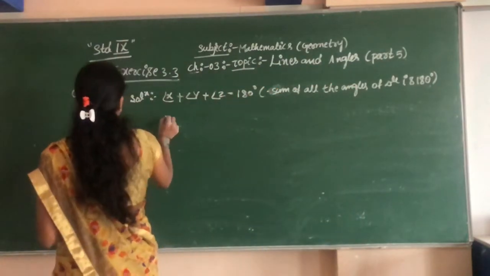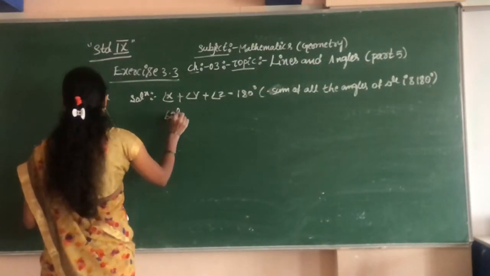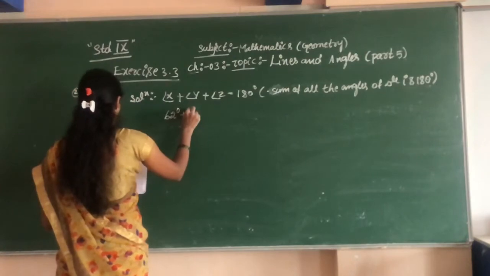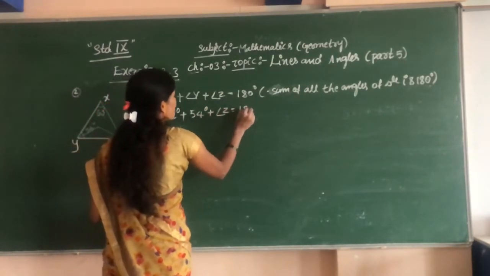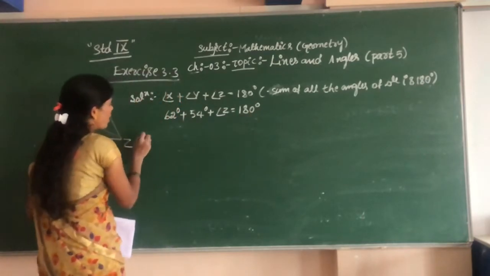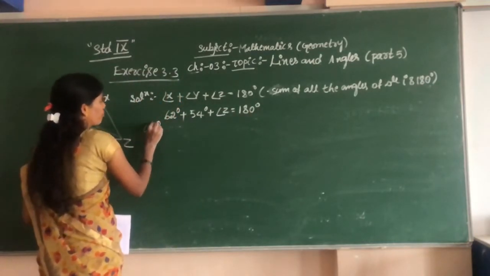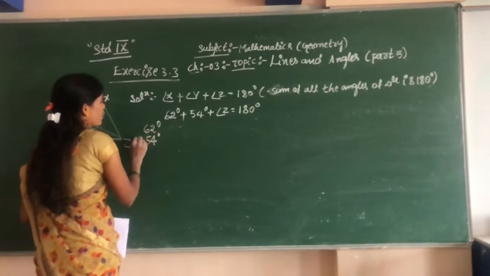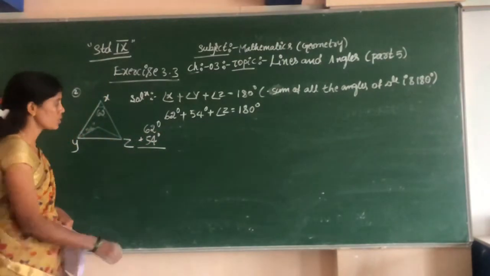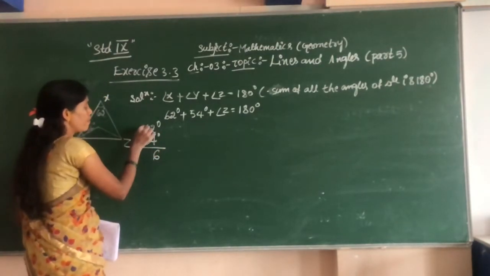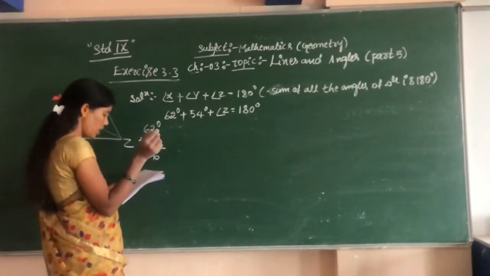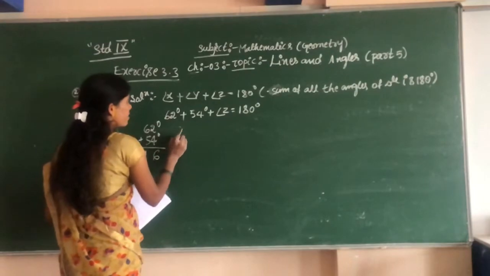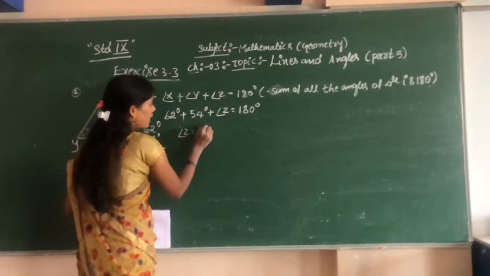So how many is that? 62 degree plus 54 degree plus angle Z is 180 degree. You should add 62 degree plus 54 degree. Okay children, we should add 4 plus 2, 6, and 5 plus 6, 11. Okay, 116.